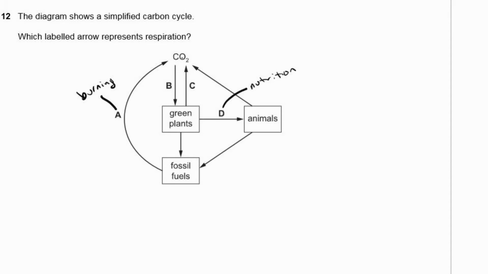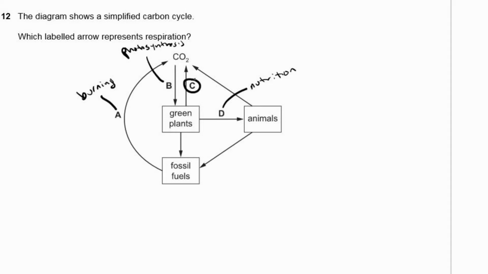Carbon dioxide goes into green plants. Well, that's through the process of photosynthesis. So green plants produce carbon dioxide through respiration. And this confuses students in many questions because everybody knows that plants do photosynthesis and animals do respiration.